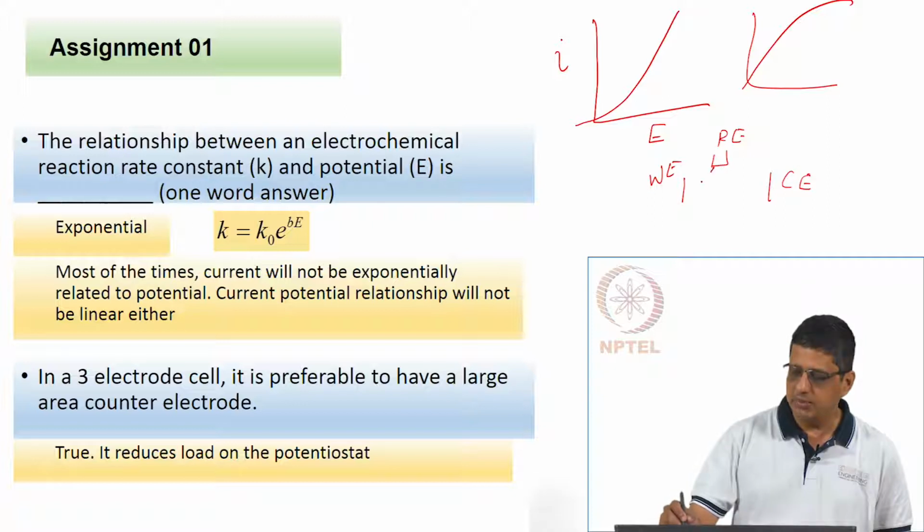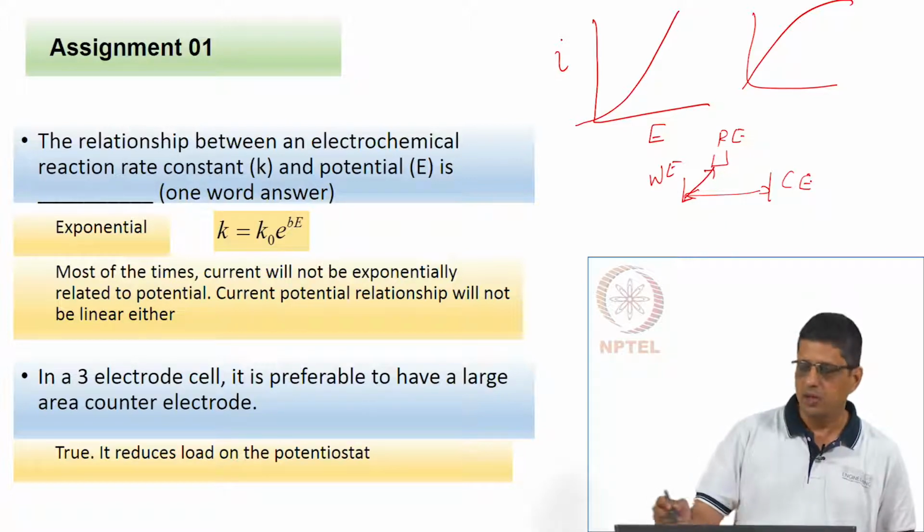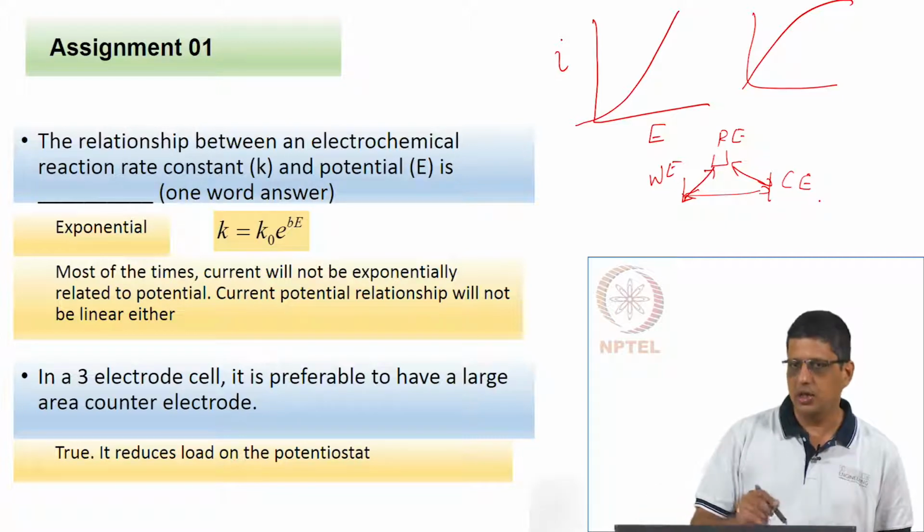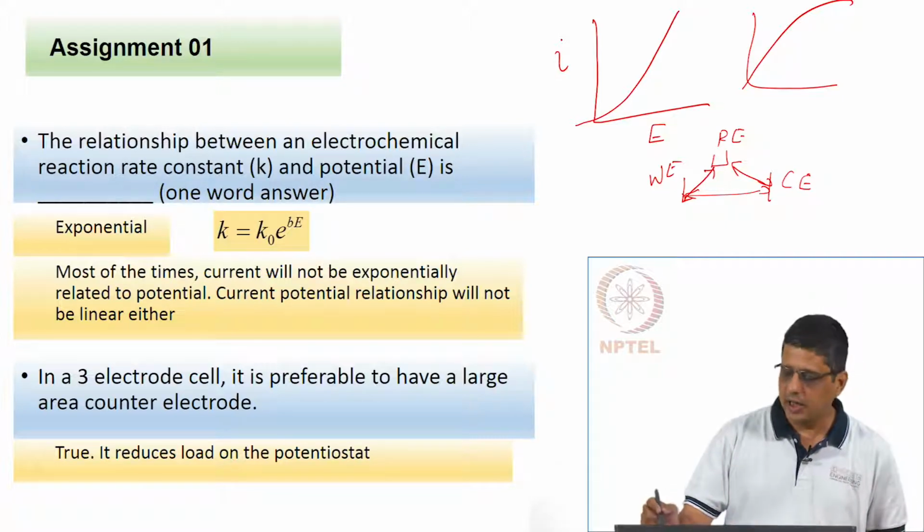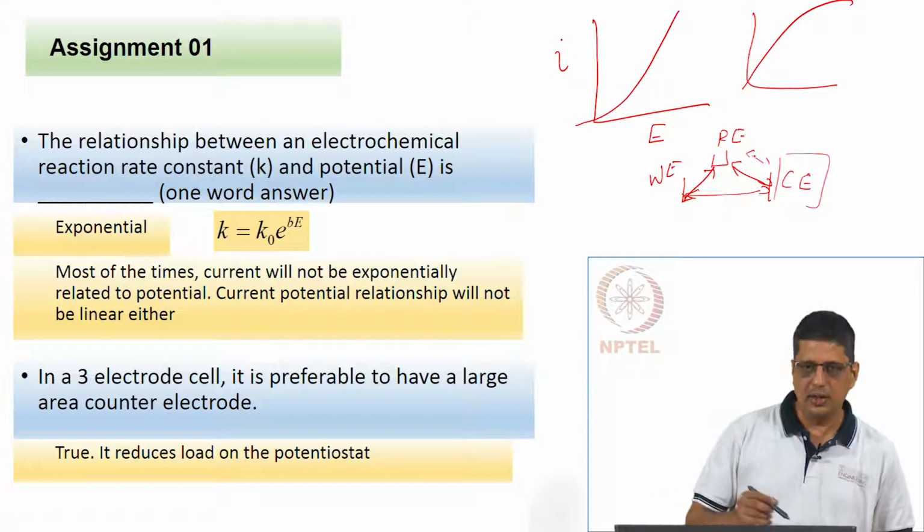The potential is measured between the reference and the working, but the current passes between working and counter. So, this potential between the reference electrode and the counter electrode has to be adjusted, so that all the current passing from working electrode goes to the counter electrode. And if you have large area, it will put less load on the potentiostat.